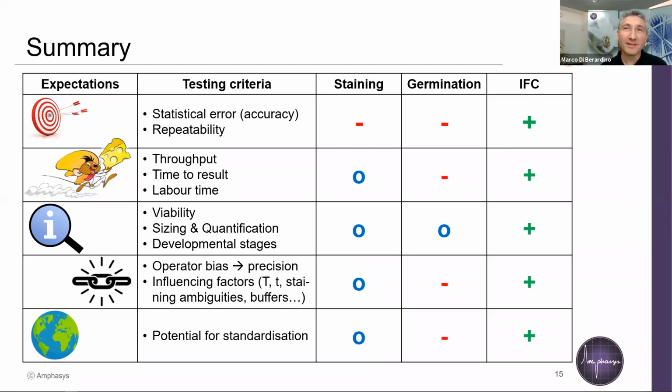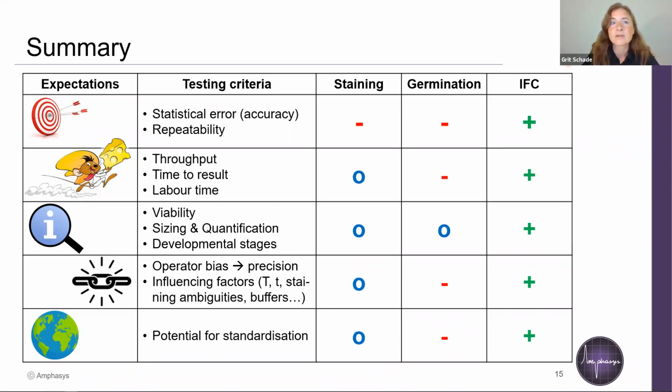And on the other hand, we also have to consider that there are some line dependencies of these buffers. So what works with one line might not work that perfectly with another line. So we wouldn't actually sell these buffers. We rather use it for validation purposes, just to make sure that our technology is doing the right thing.